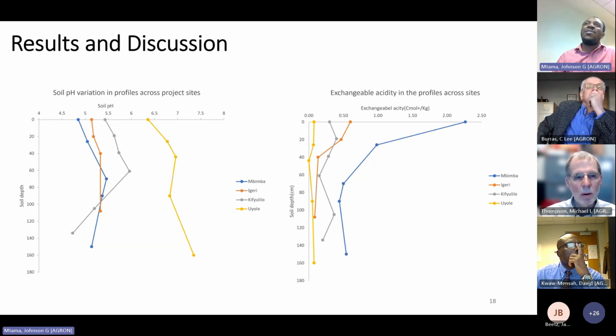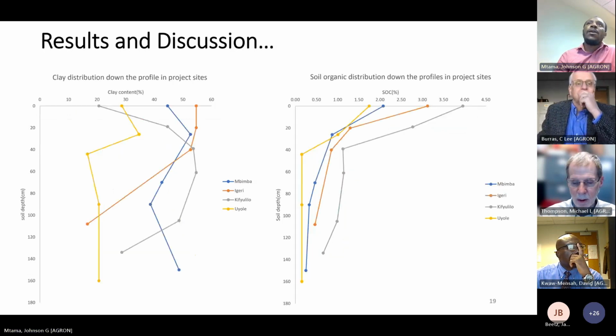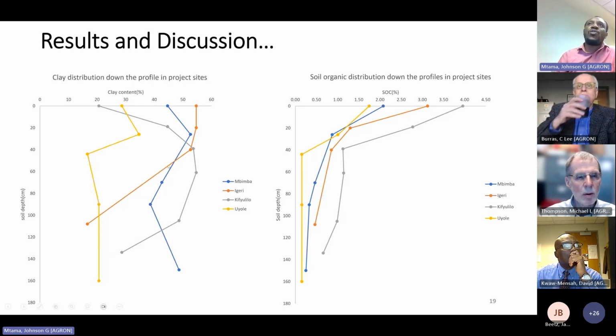The amount of soil organic carbon in the two sites, Igeri and Kifyulilo, is very high. And this presents a possibility of the complexation of the aluminum ions with the soil organic matter in the area, hence reducing the amount of active exchangeable acidity in those sites. But we also characterized the clay contents as they are presented in this graph here.